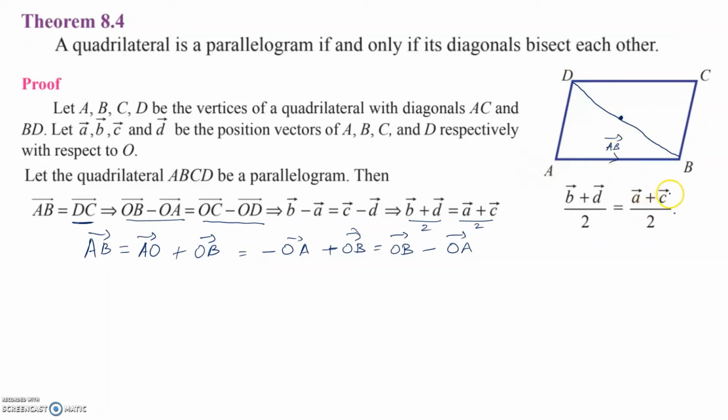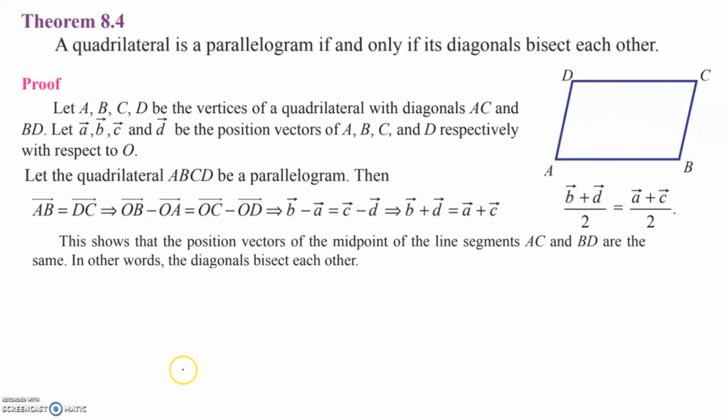And A plus C by 2 would be the midpoint if I draw a line from A to C. So what does that mean? The diagonals of ABCD meet at the same point. So this proves that if this is a parallelogram, then using the vector method, we have proved that the diagonals meet at the same point.